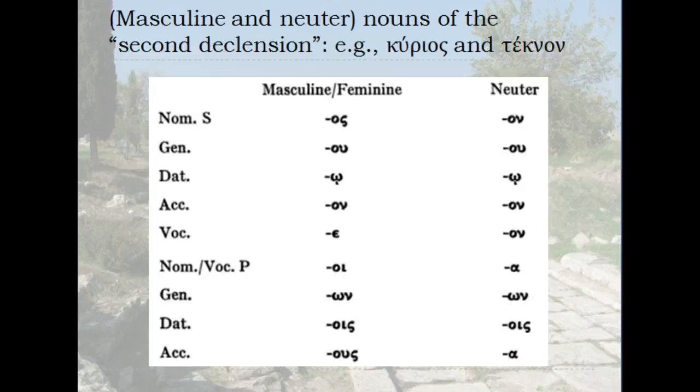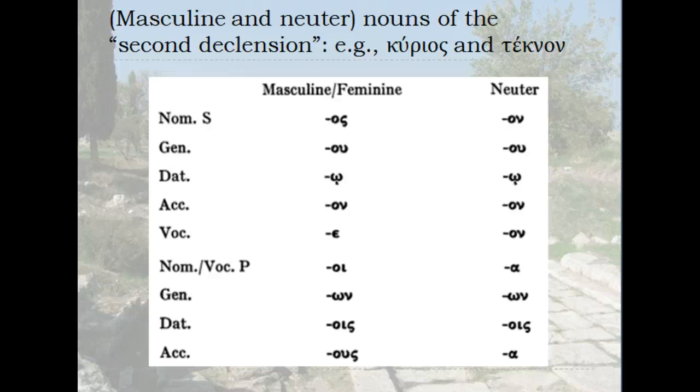Now, you're not just going to encounter this week nouns of the first declension, but in Lesson 4, also nouns of the second declension. And this pattern is the typical pattern for many masculine and neuter nouns.